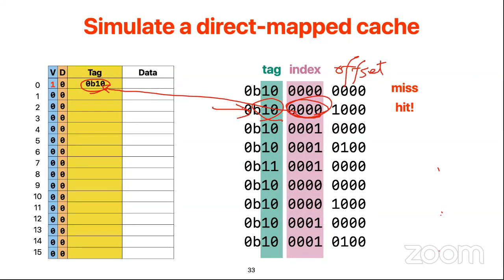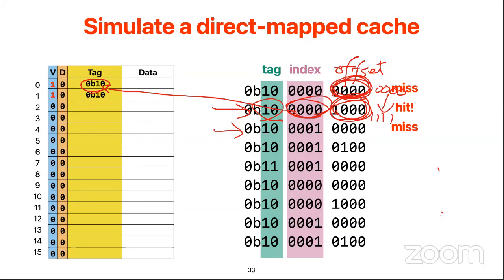So how about the next one? For the next one, you look in the cache at index 1 and there's nothing there, so you have to retrieve the data first. Because it's a miss, we retrieve the data, and every time you fetch the data, it's the whole block. So when you have this one miss, this one is also in the cache because it contains 0000 to 1111 when you serve them.